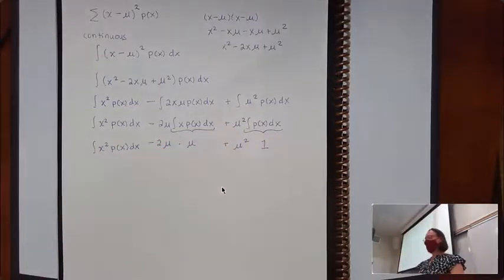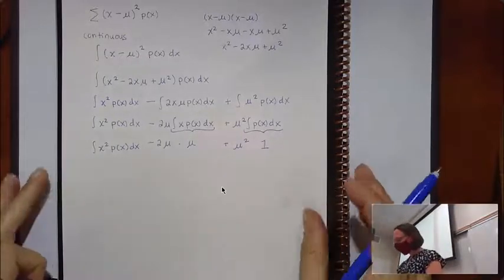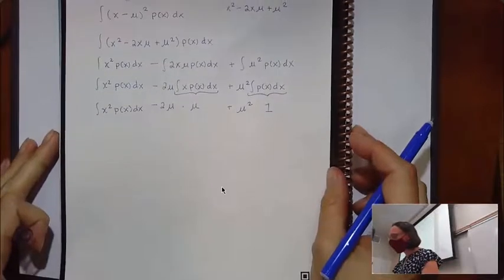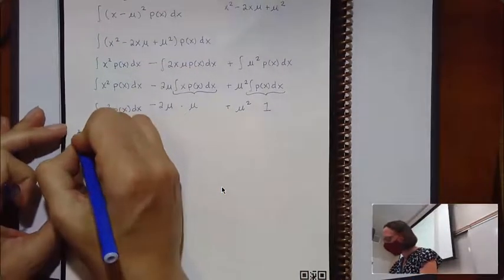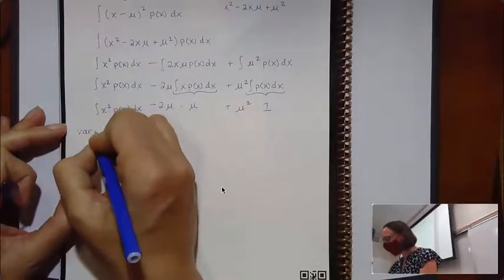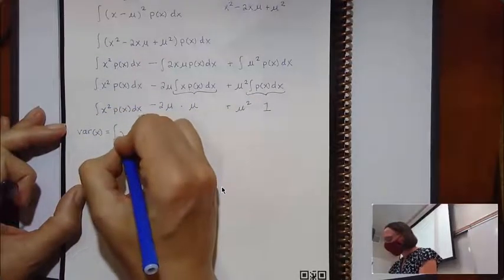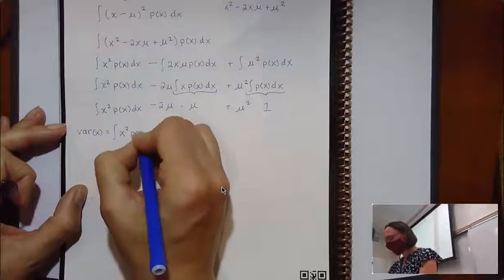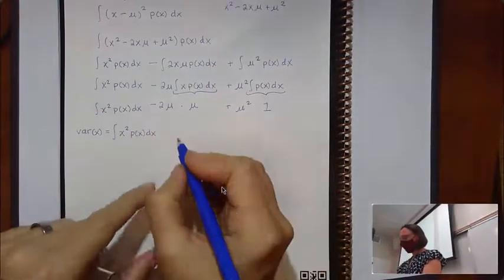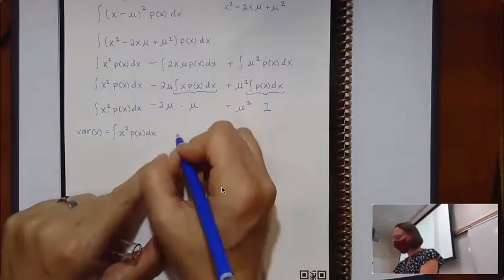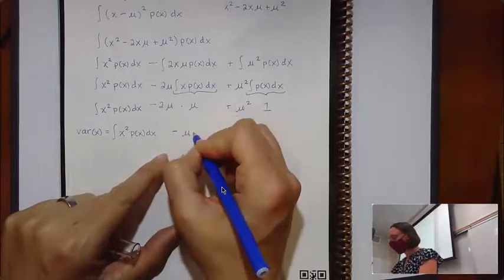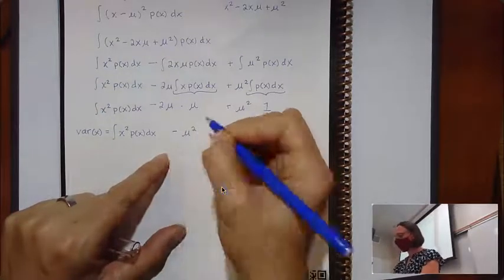So when we switch over to continuous distributions, turns out that it's usually easier to integrate to find the variance by getting ourselves down to just one integral and then subtracting off the constant of mu squared.